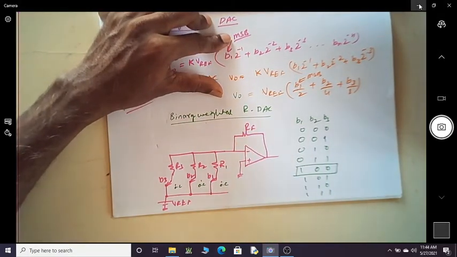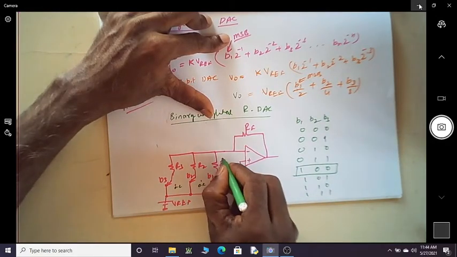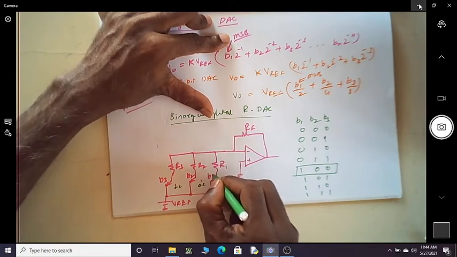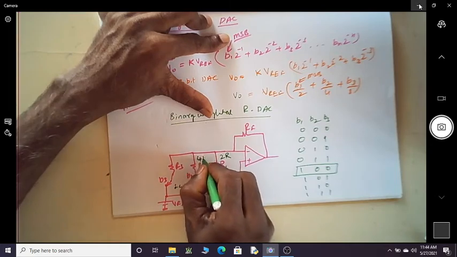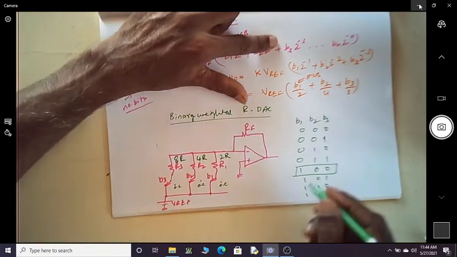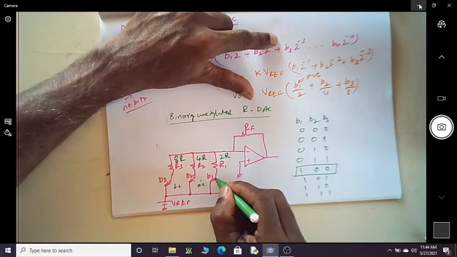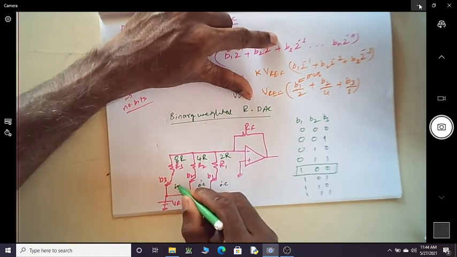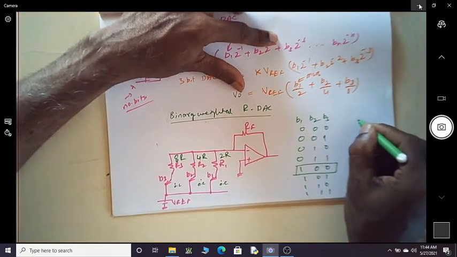So instead of having the resistance values as simply R1, R2, R3, let us have the resistance of the resistor which is connected to V1, which is the MSB over here, as 2R. Let us consider this as 4R. Let us consider this weight as 8R. So when we are considering this particular combination of 1, 0, 0, this is connected to V reference, whereas this is open circuited, this is open circuited. So I have the equivalent circuit looking something like this.